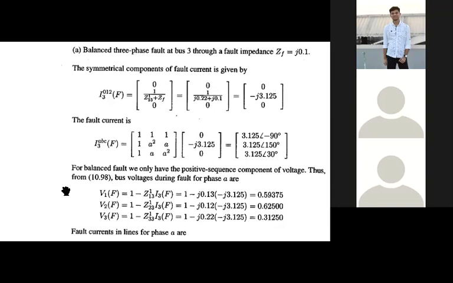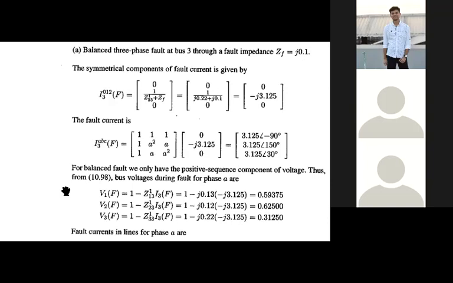Now, as you have the fault current calculation completed for bus 3 and the fault voltage for all the buses, find the fault current for the line. Fault current between lines, how can you find that? Do you have any clue? How can you find fault current in a line?